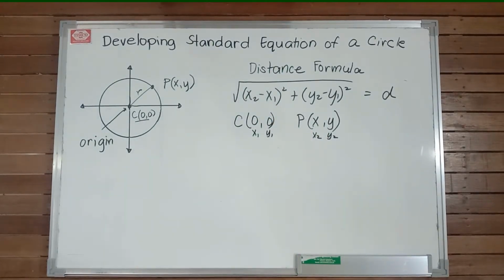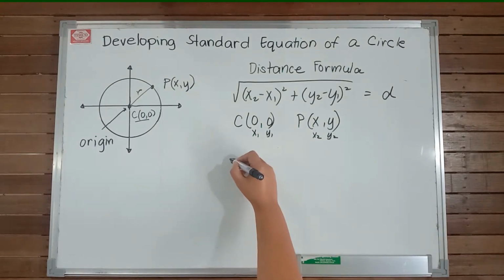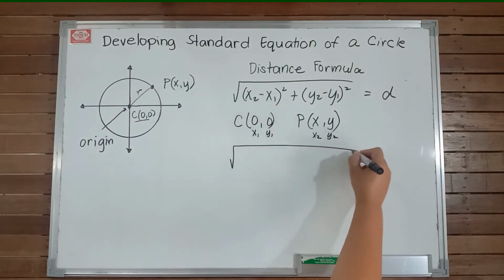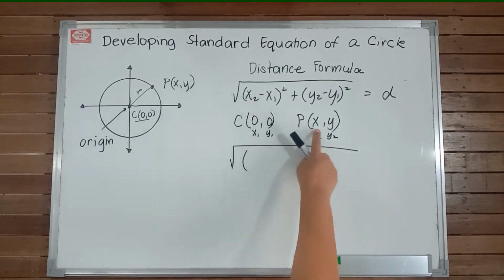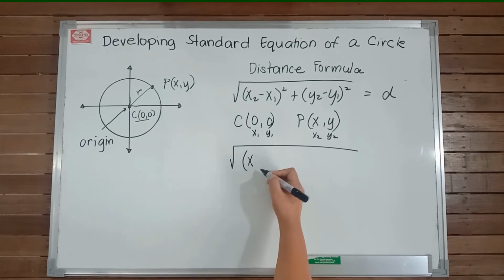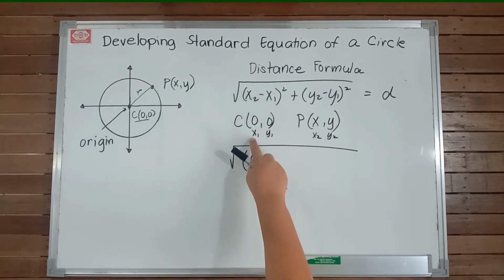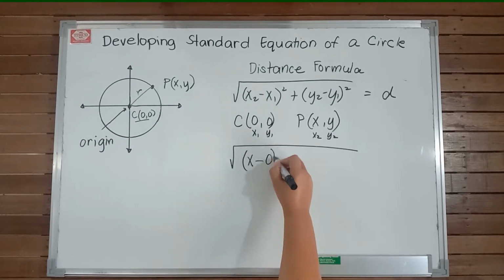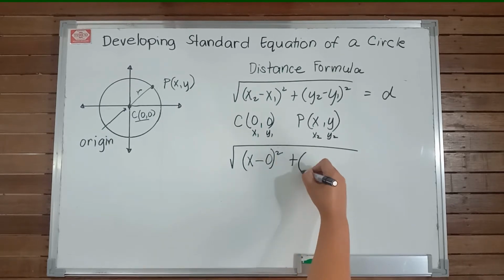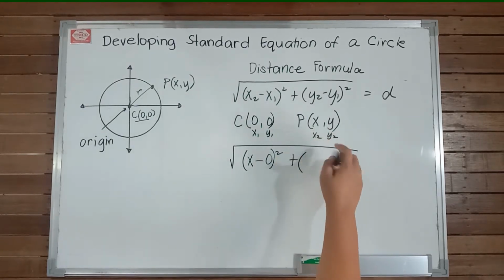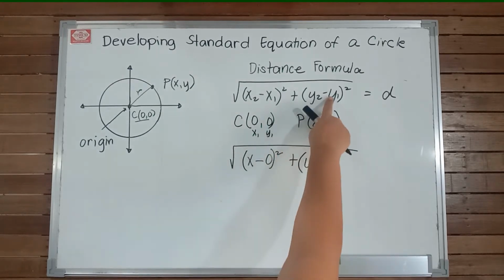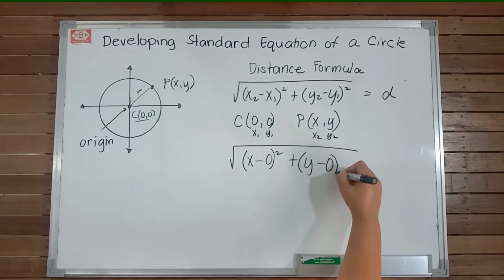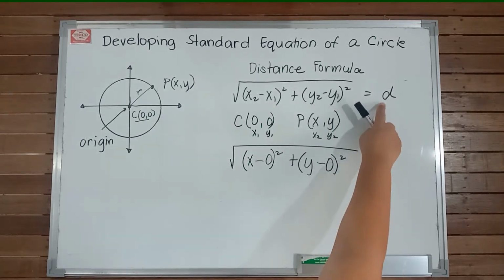So we substitute the givens into our formula. We have x of 2 is x minus x of 1 is 0, then we square it, plus y of 2 is y minus y of 1 is 0, and we square it, equals the distance.